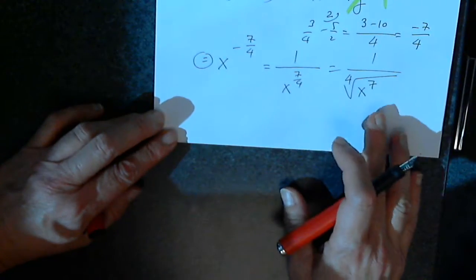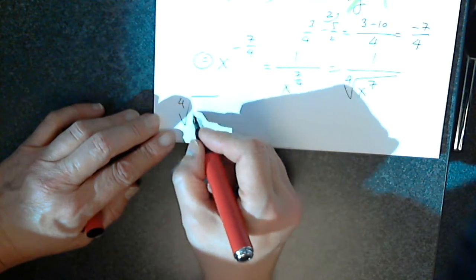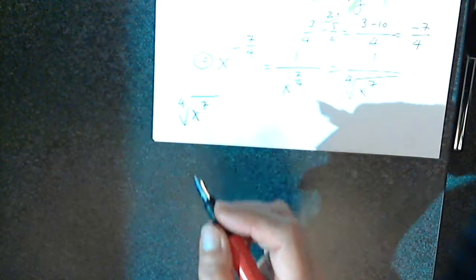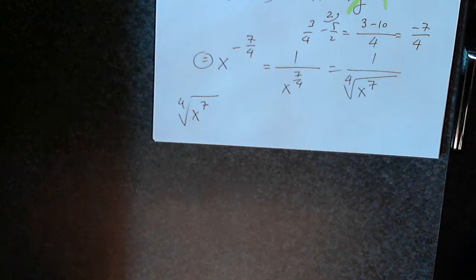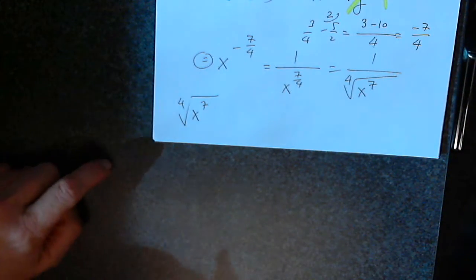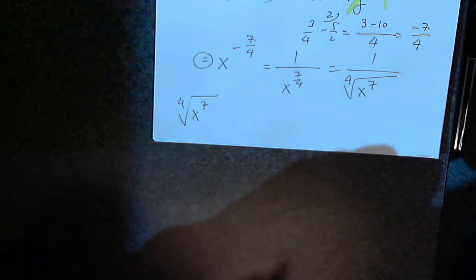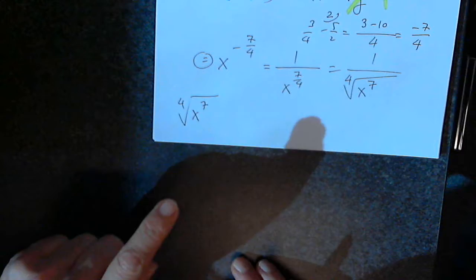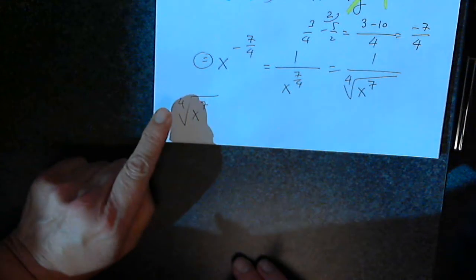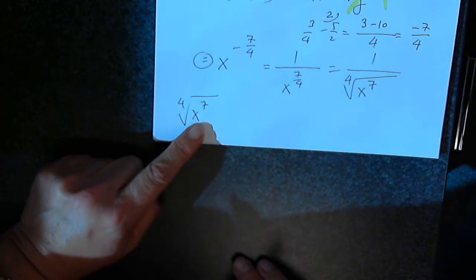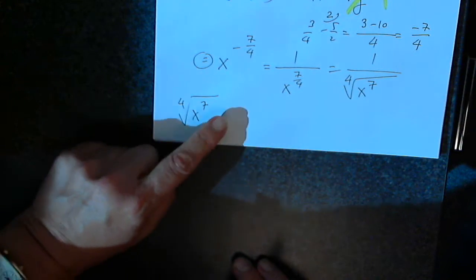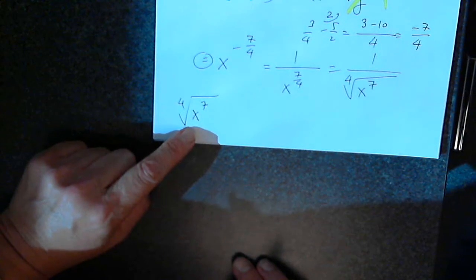Now I would like to talk about this for a moment. We will talk about it in the next section. Actually, it follows up. It just comes up right now. So, can anyone identify the index for us? 4. Can anyone identify the power for us? 7. As long as the power is equal to or larger than the index, the radical is not fully simplified.